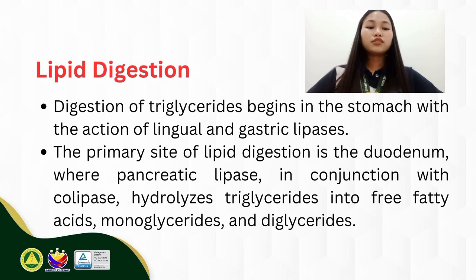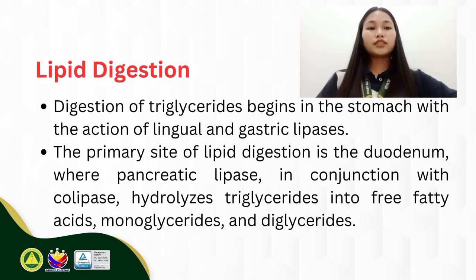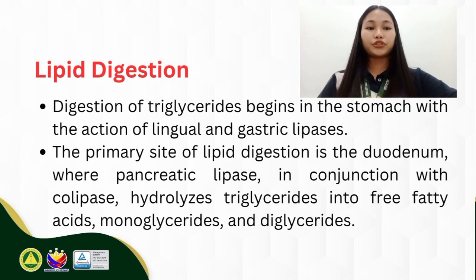The bile salts that are synthesized in the liver and stored in the gallbladder emulsify lipids, increasing their surface area and thus enhancing the efficiency of lipase action. The resulting fatty acids and monoglycerides are then absorbed into the enterocytes via passive diffusion and facilitated transport.